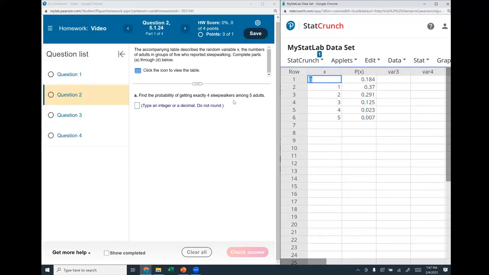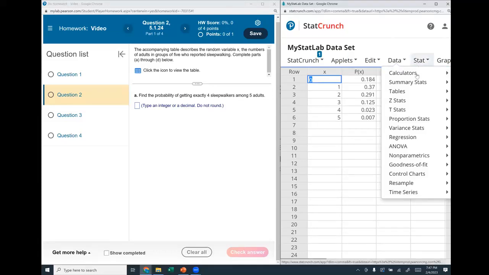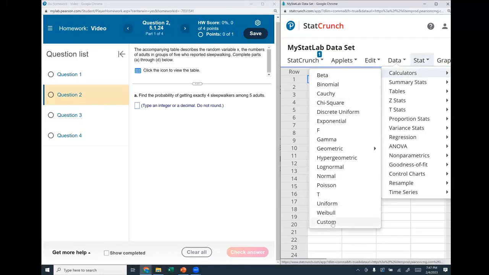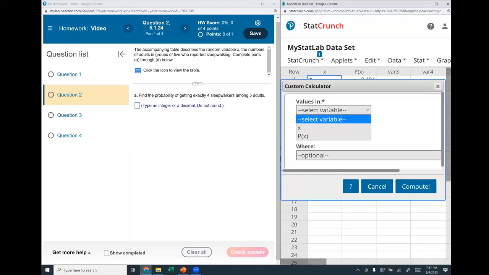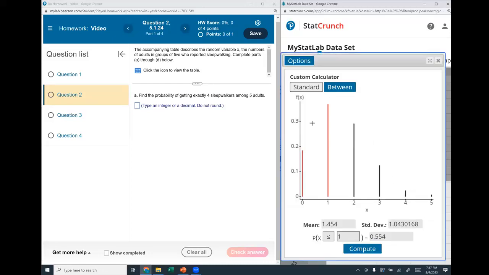Find the probability of getting exactly 4 sleepwalkers among 5 adults. So I'm going to go to Stat, Calculators, Custom. We've done this before, but this is a little different. And I hit Compute. So now here, I get my probability distribution, right?